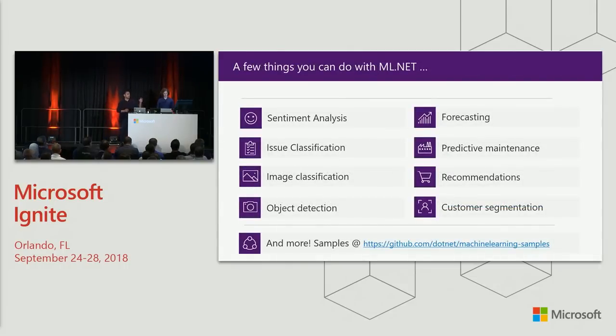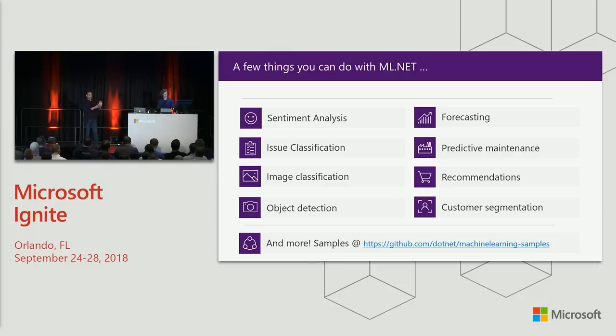And just to highlight some of the scenarios that we're going to demo next, here are all the things that are possible with ML.NET today as is, right? So if you go and grab the Microsoft.ML NuGet package and check out our repo, you can actually build custom models entirely in .NET for sentiment analysis, for GitHub issue classification, for image classification.